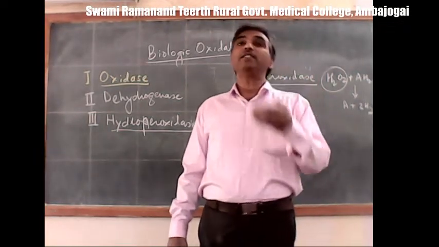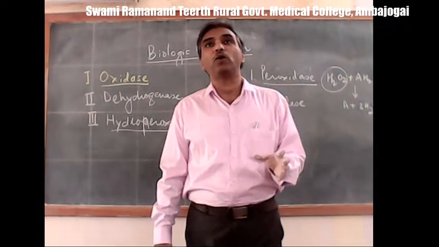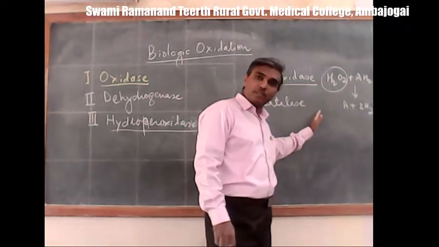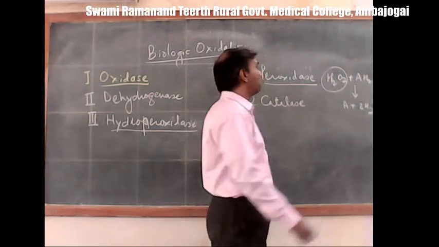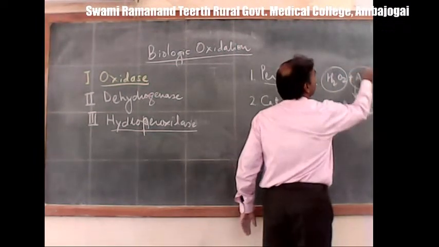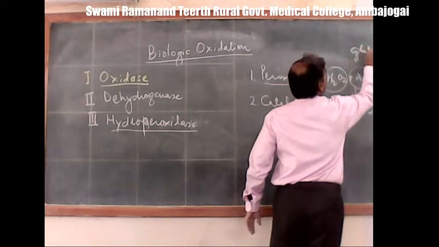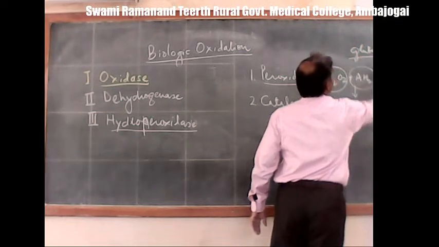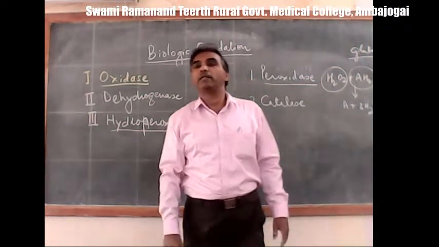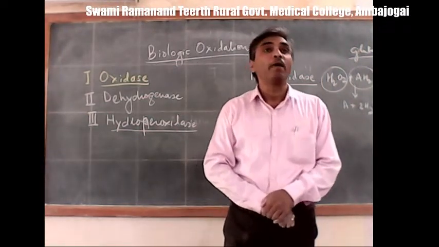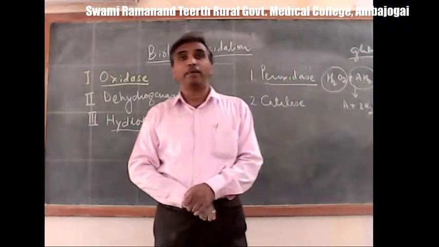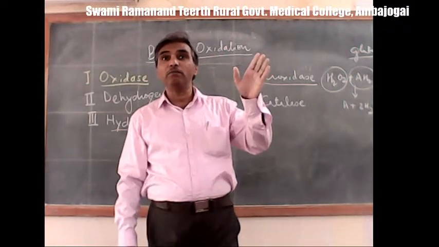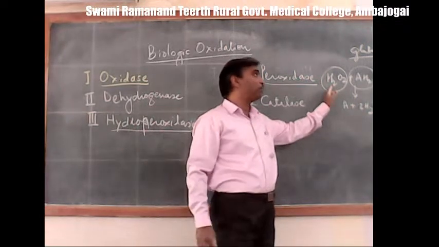So to scavenge the hydrogen peroxide in the RBC, there is another substance that is used, called glutathione. You know, glutathione is a thiol containing substance. This is a biologically important peptide. This is a tripeptide.